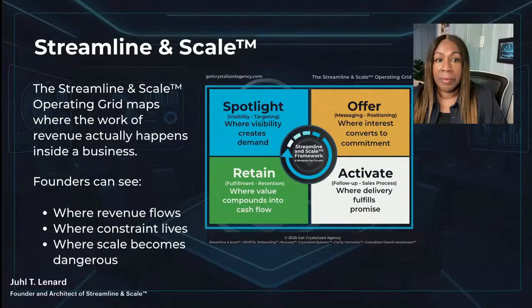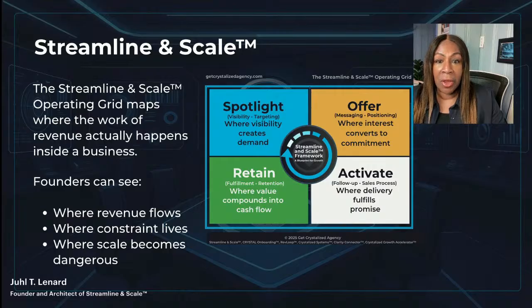Before we get into the deep dive, the other thing we want to look at is the actual system. Where does the work happen? When you identify the constraint, how do you know where to go to fix it? That's where the revenue system comes in, and that's where the Streamline and Scale operating grid gives direction to where the work happens.